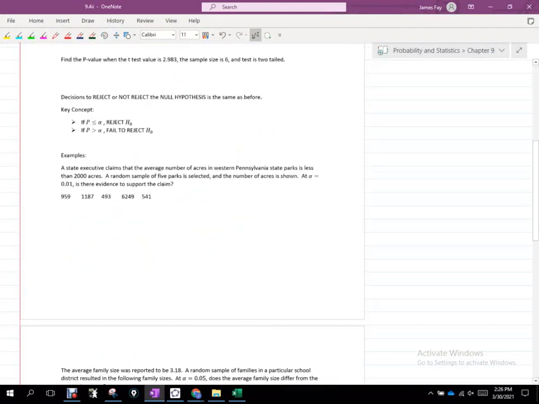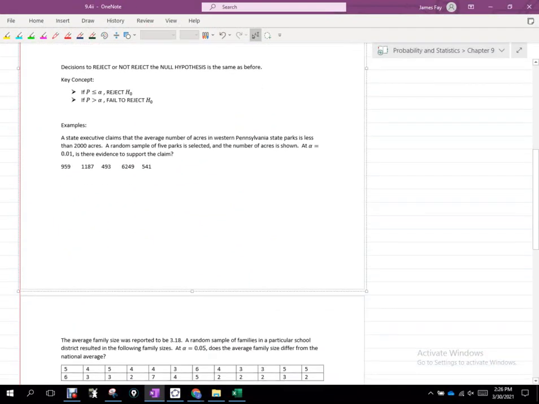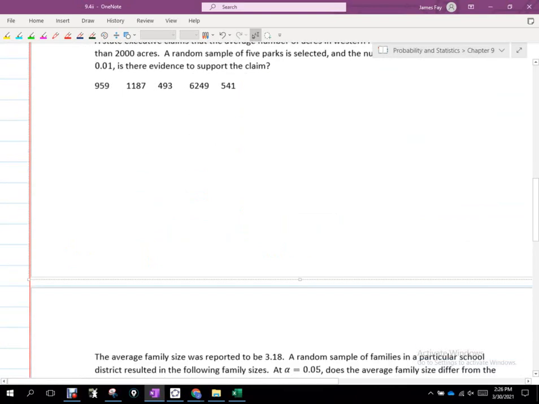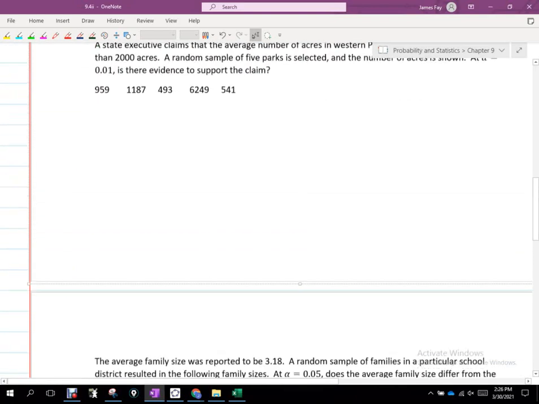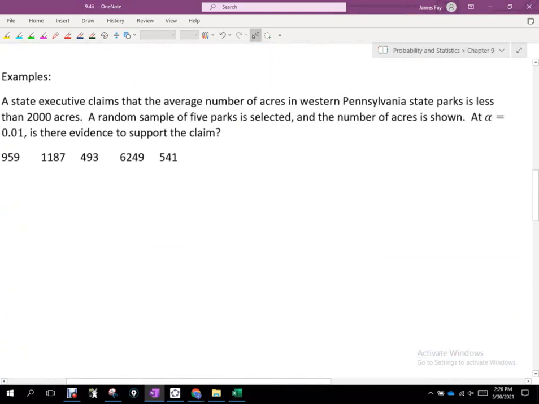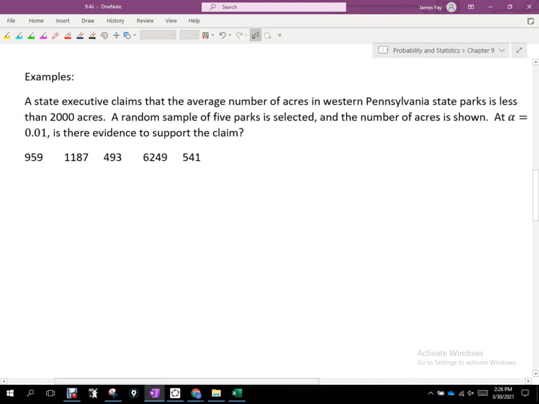Let's do one more problem. And we'll try to write the summary the same way that MyMathLab asks for it. Here it says a state executive claims that the average number of acres in western Pennsylvania state parks is less than 2,000 acres.